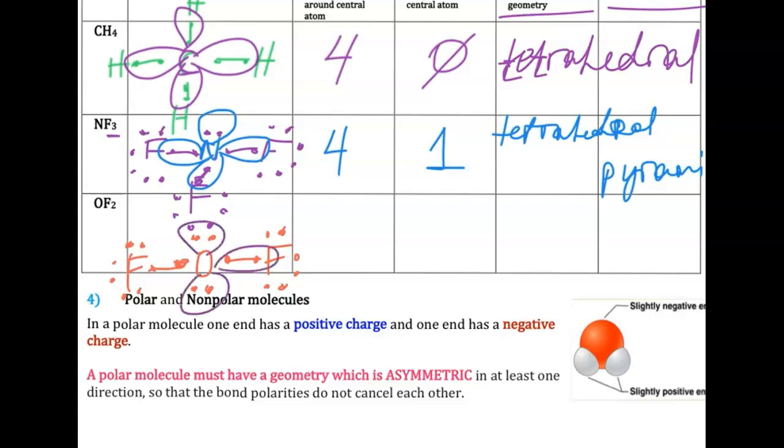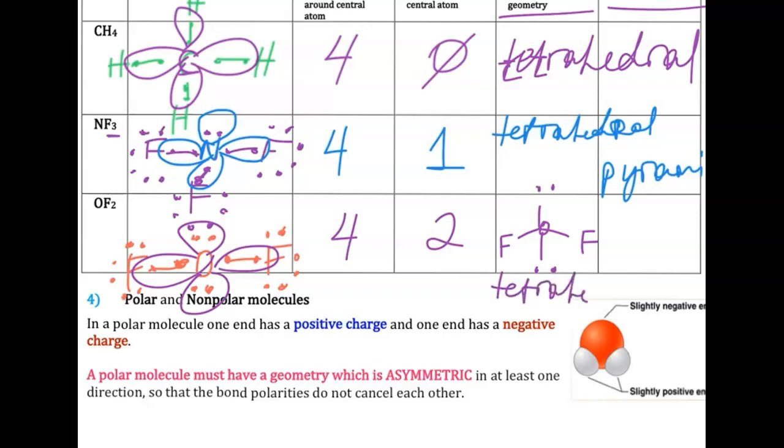2 of them are bonds, and 2 of them are lone pairs. So think about the electron group geometry. We have again tetrahedral. This one is a lone pair, this one is a lone pair too. That's fluorine, and that's fluorine.